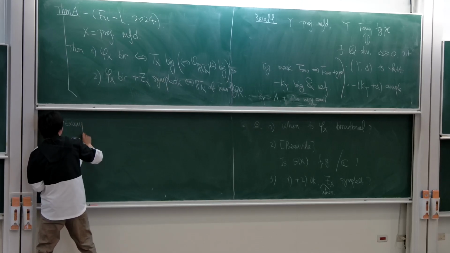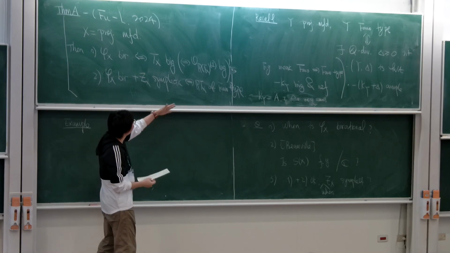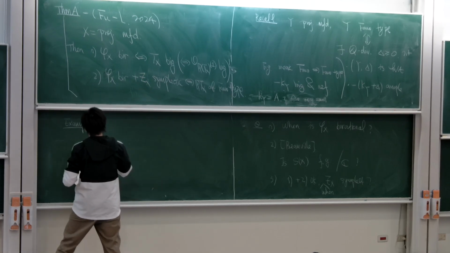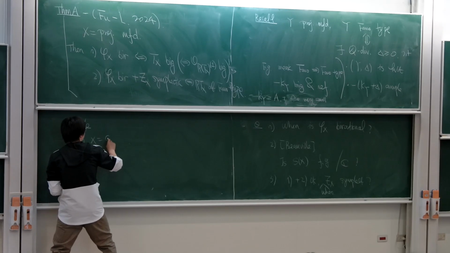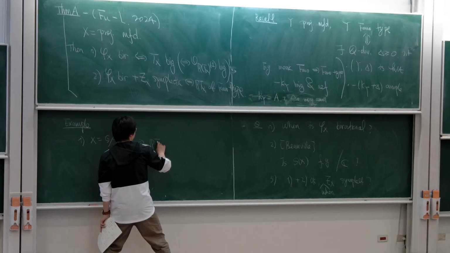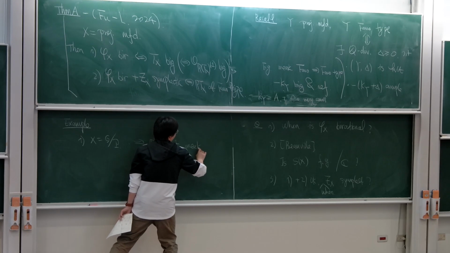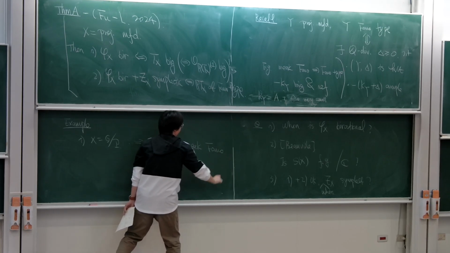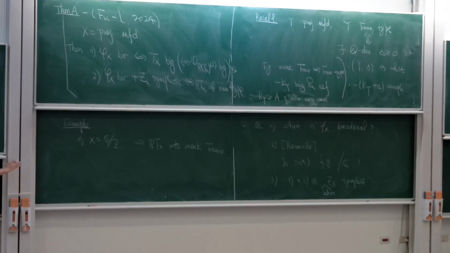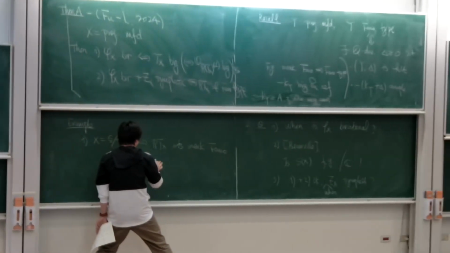The first example we can work out is Fano kind of things. So I take X to be G/P. In this case, in fact, the projectivization of T_X is weak Fano. So this is the first example we can find.